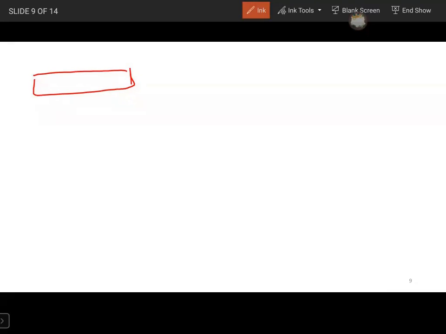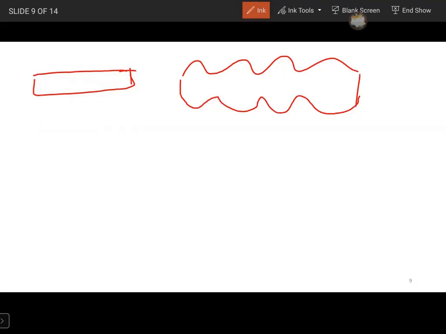Now, when it is deformed, I can deform it in various ways. One such deformation can be this. So this was your original beam and this is your final beam after deformation.